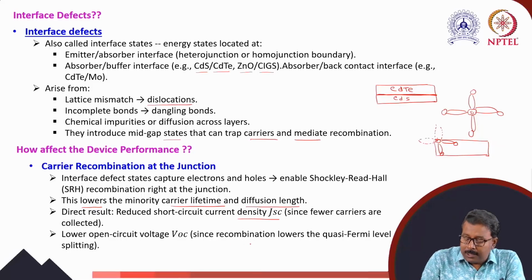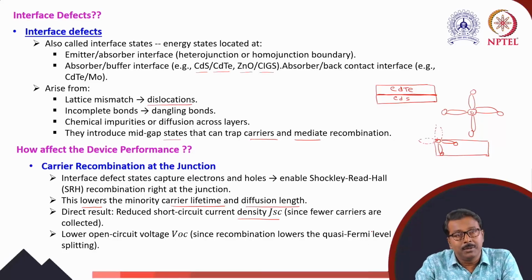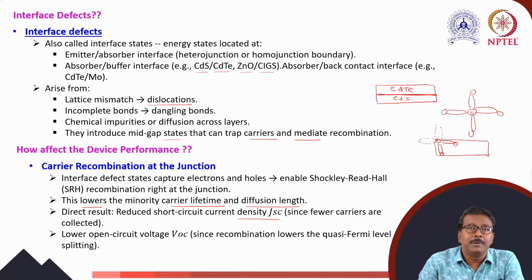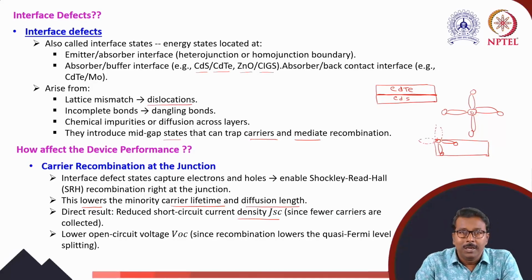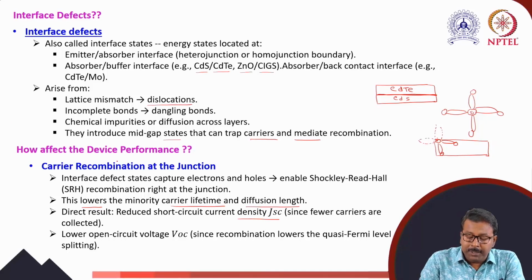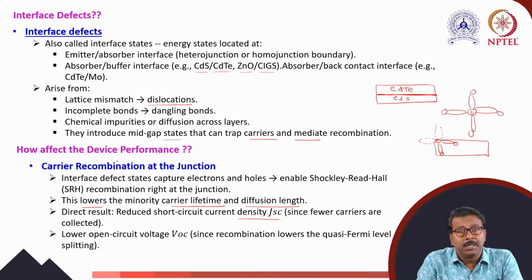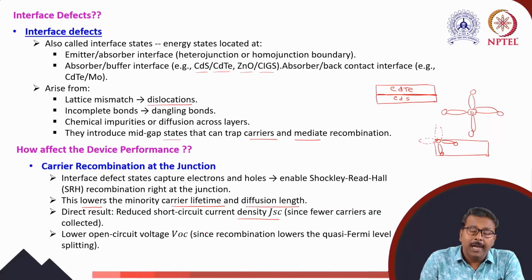Yes, since the recombination lowers the quasi-Fermi level splitting, that is the separation between quasi-Fermi levels, which mainly determines the open circuit voltage, that will also be reduced. Because recombination takes place, the splitting between quasi-Fermi levels will be low. So due to the presence of these interface states and recombination, both VOC and JSC are expected to be reduced.